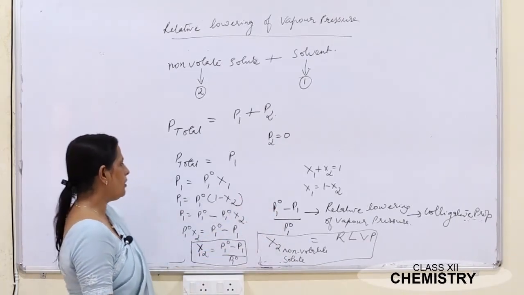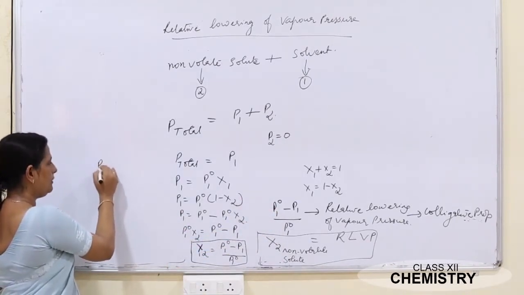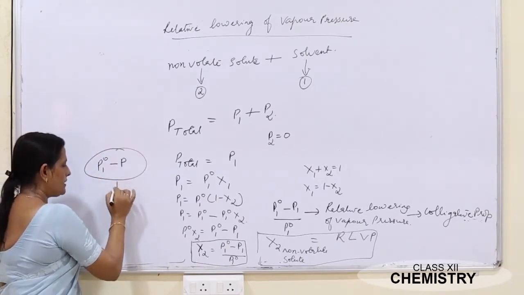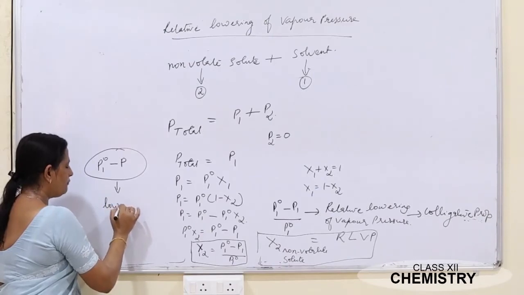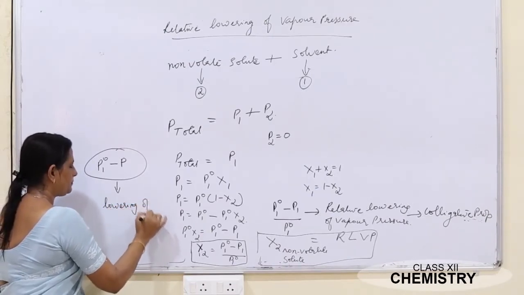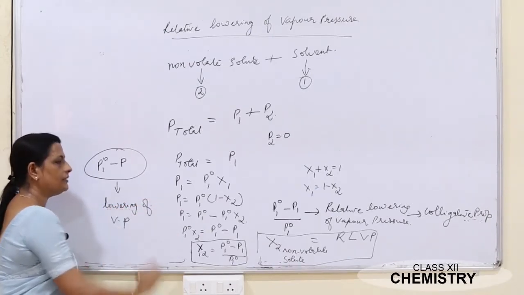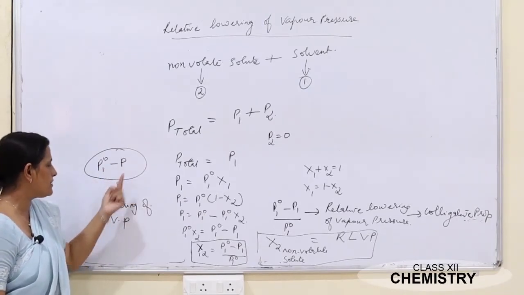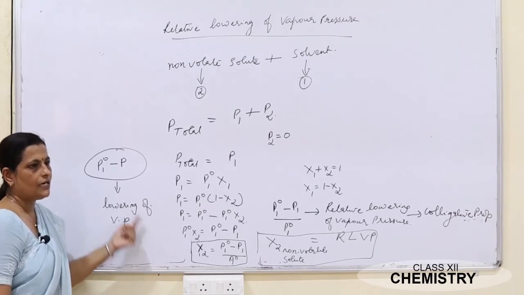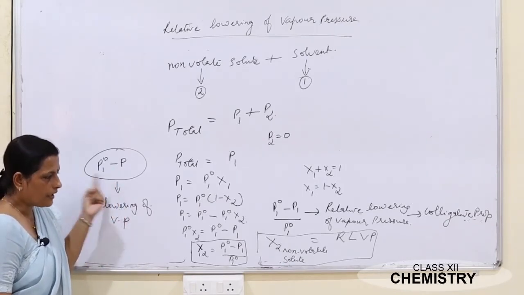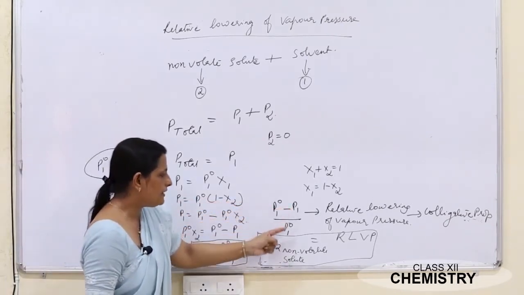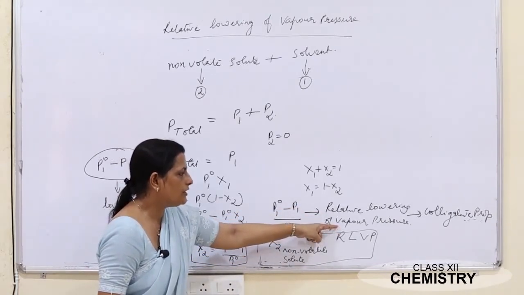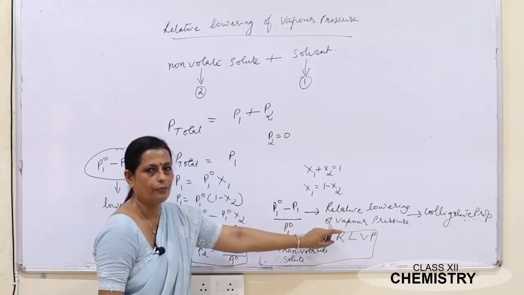But the quantity P1 naught minus P1, which is known as lowering of vapor pressure, is not a colligative property. P1 naught minus P1 by P1 naught, which is relative lowering of vapor pressure, is a colligative property.